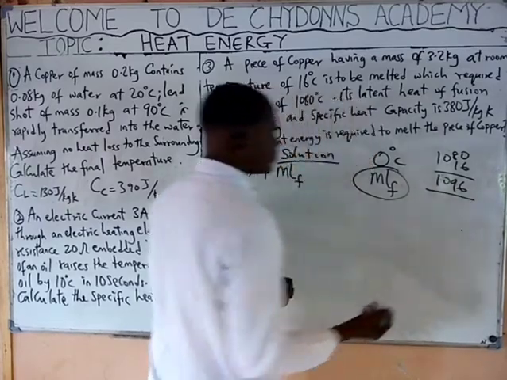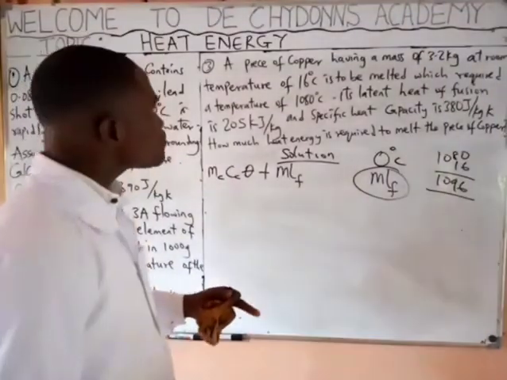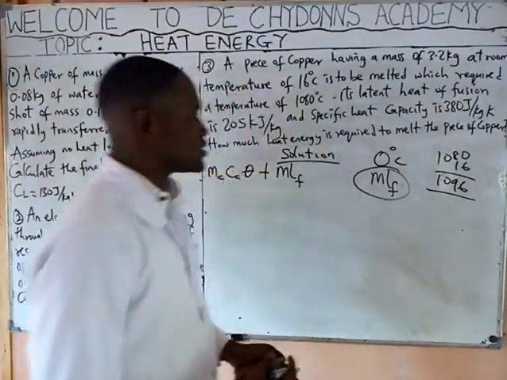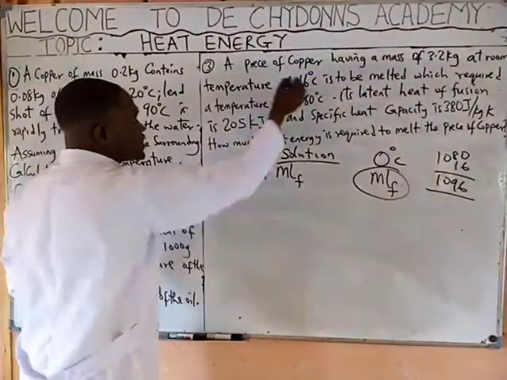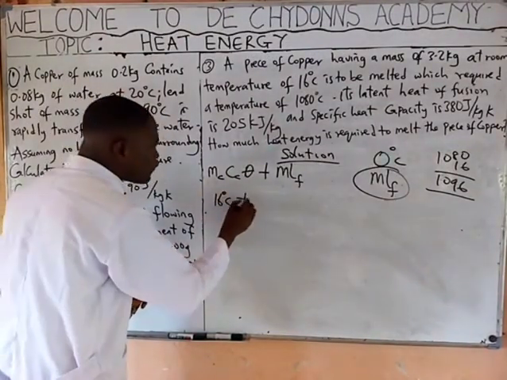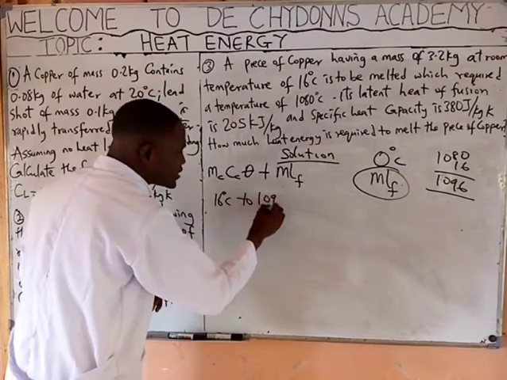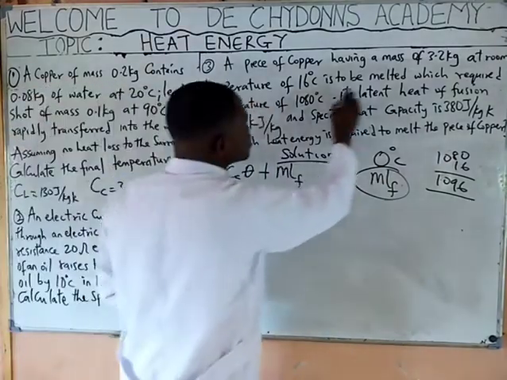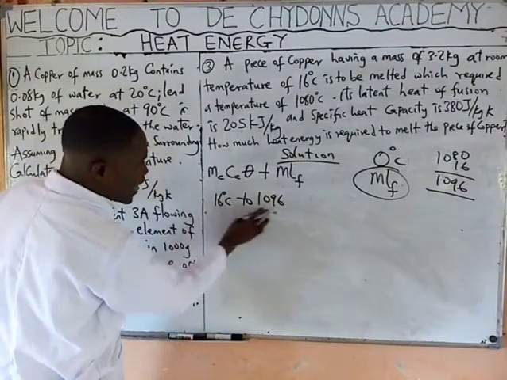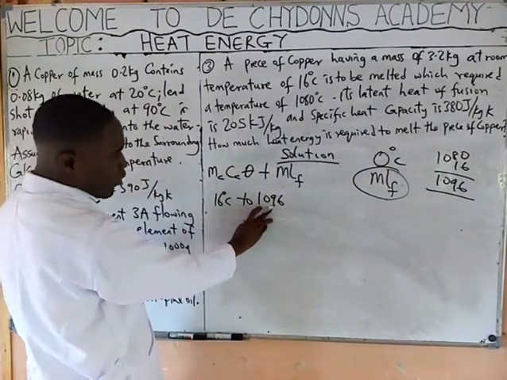That shows that the melting point of copper is 1096. That is, as the copper is at 16 degrees Celsius, it has to move to 1096, and that is how they got this total temperature change to be 1080. It is the temperature required to move from here to here, which is the melting point.